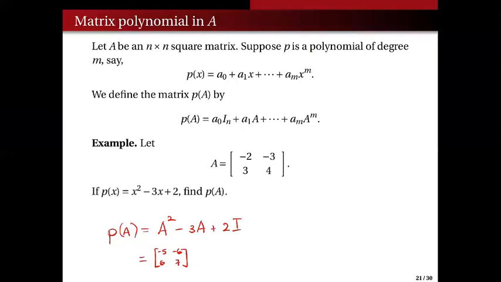So let me just write this from the previous slide. Then we have minus 3 times the matrix A here, so negative 2, negative 3, 3, 4. Then plus 2 times the identity matrix, it's 1, 0, 0, 1.